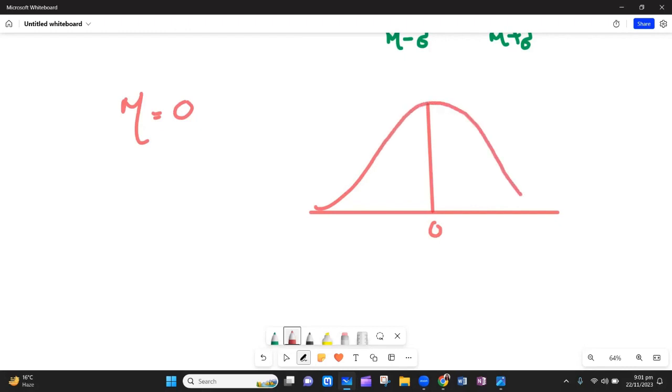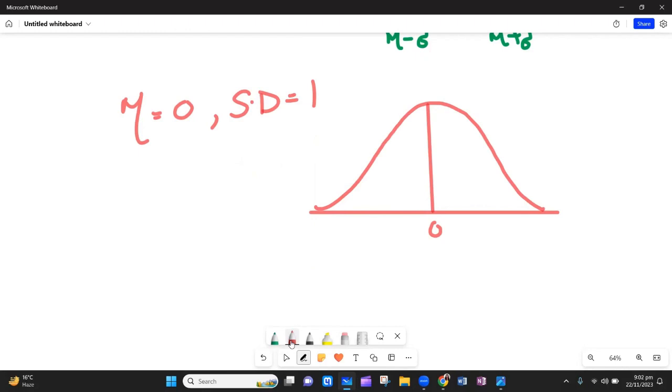On the y-axis, there's probability, by the way. This would be probability. Anyway. Mean is 0 and also standard deviation is 1. We'll change it tomorrow, but for today, mean is 0, standard deviation is 1.